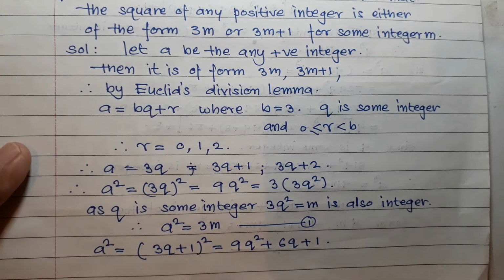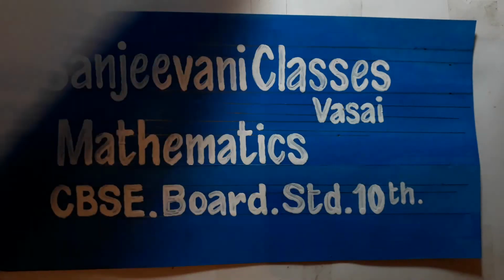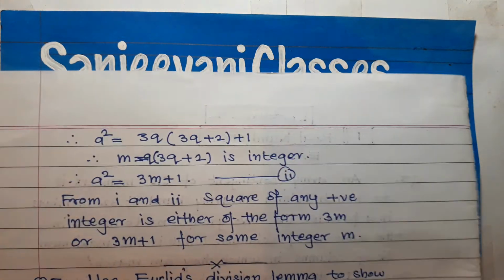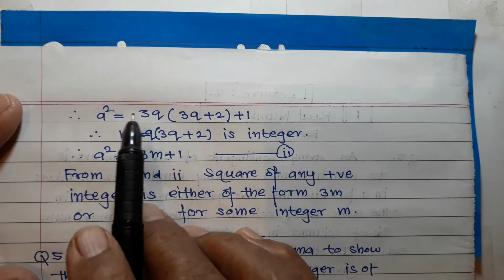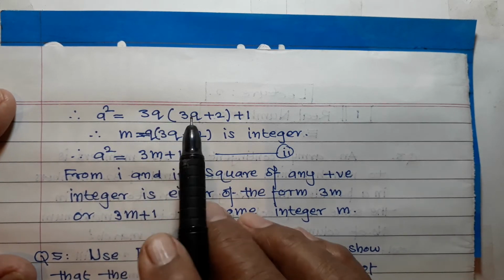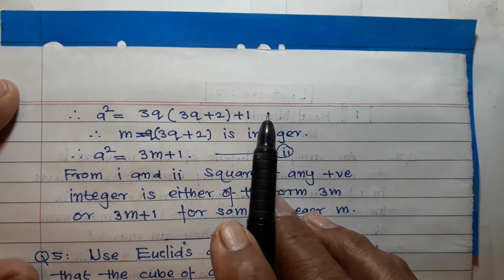Then a square is equal to (3q + 1) square, that is equal to 9q square + 6q + 1. Expand this and then you adjust the terms, and therefore a square is equal to 3q into bracket 3q + 2, plus 1.